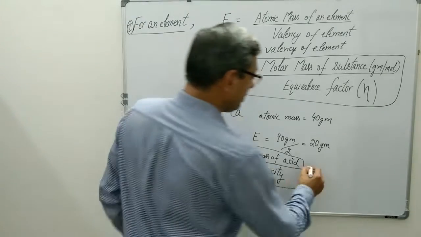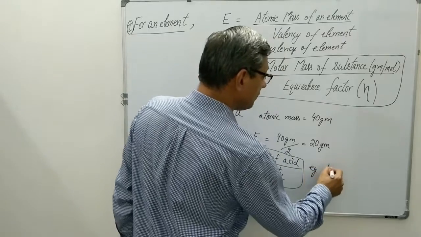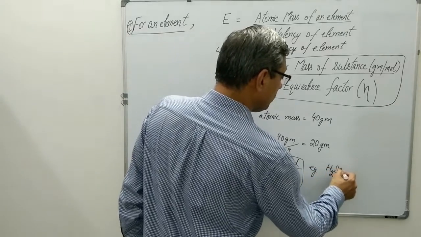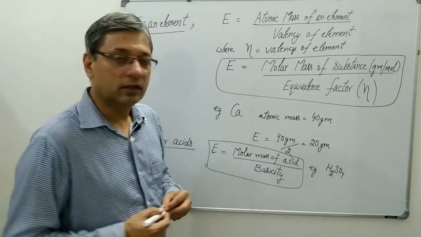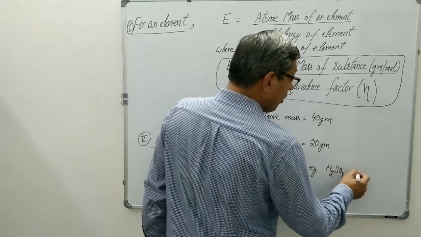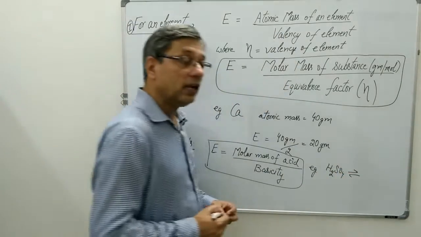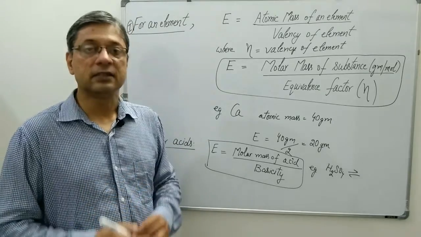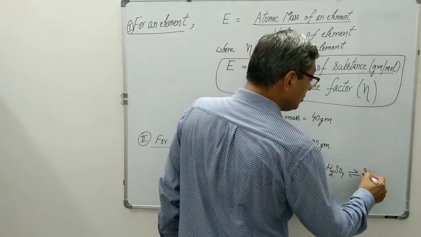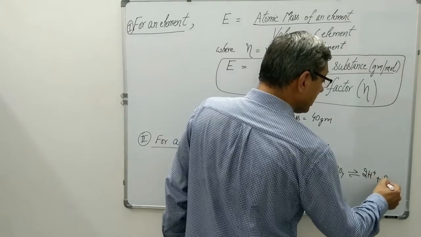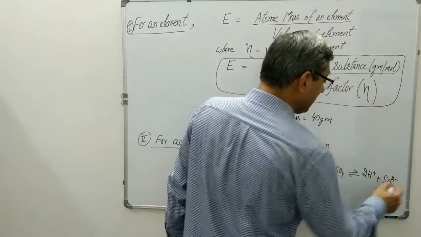For example, I take the case of sulfuric acid. If we dissolve sulfuric acid in water, the aqueous solution of the acid will have ions in dissociated form, and those ions will be 2H positive plus SO4 2 negative.